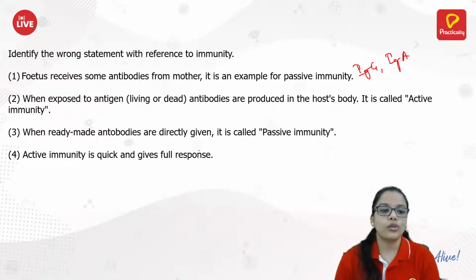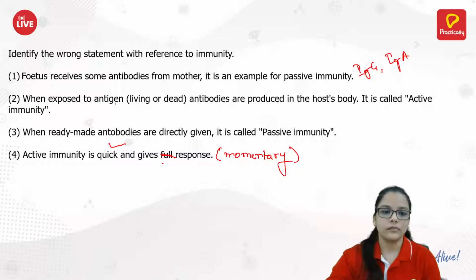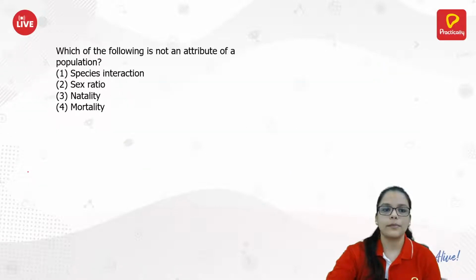No, although active immunity is quick, it is not full response. It is momentary in nature. Okay, it's not a full response. So this is not correct. Okay, so the answer is 4.